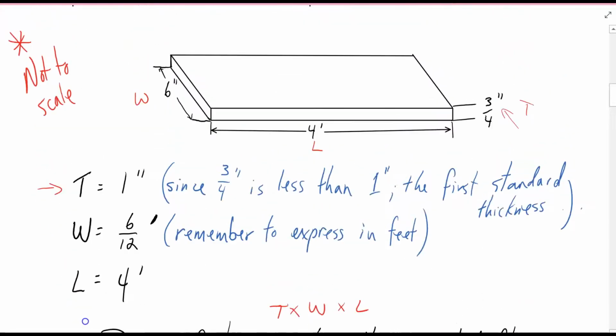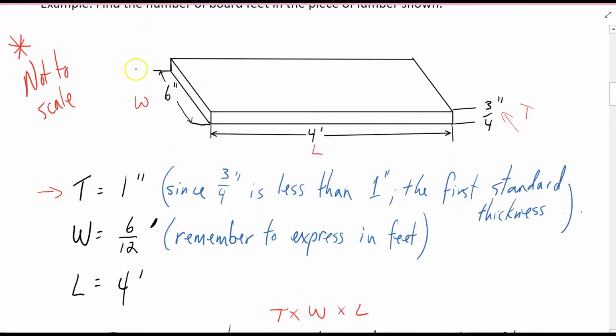Here's another way to picture it. A standard board foot is 1 foot wide by 1 foot long by 1 inch thick. This is only 1/2 foot wide.